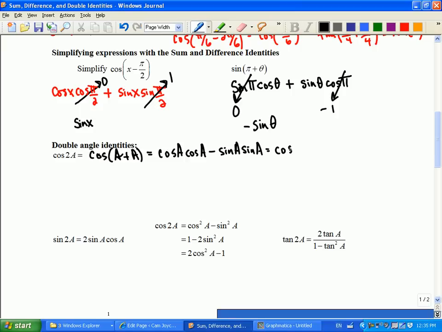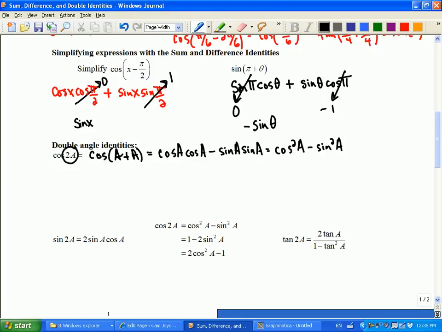So that's going to be cosine squared a minus sine squared a. And that's one of the double angle identities. So we're calling it double angle because the angle is multiplied by 2. And we're trying to work out other ways that we can simplify those sum and difference identities when we use those.